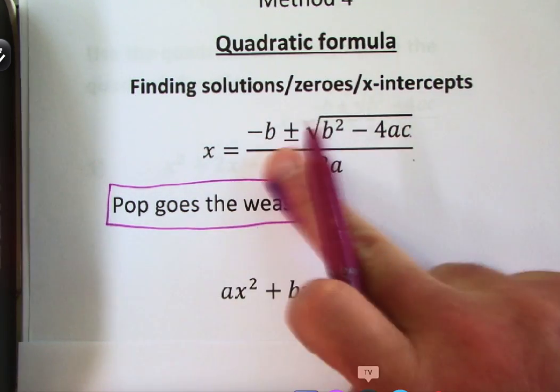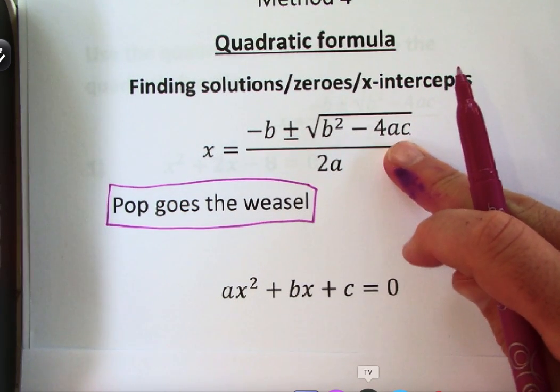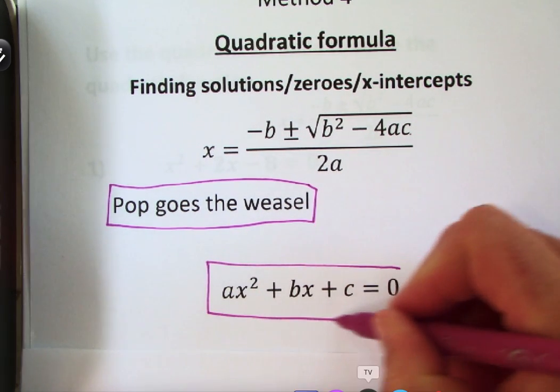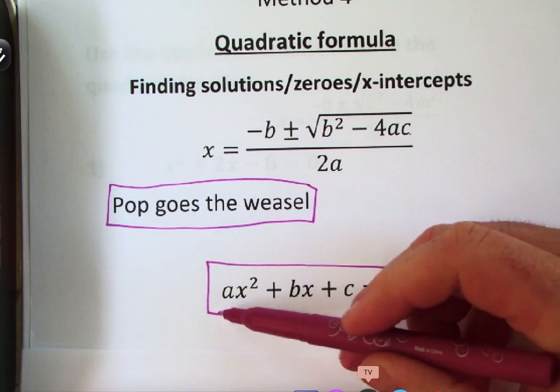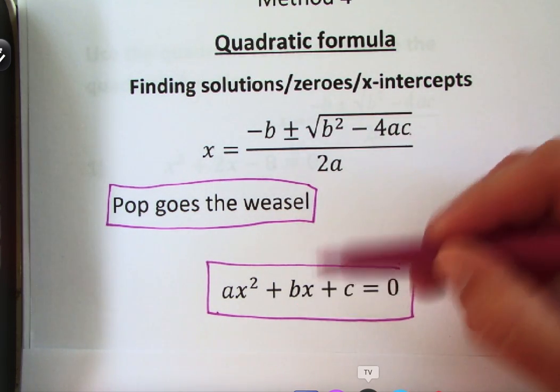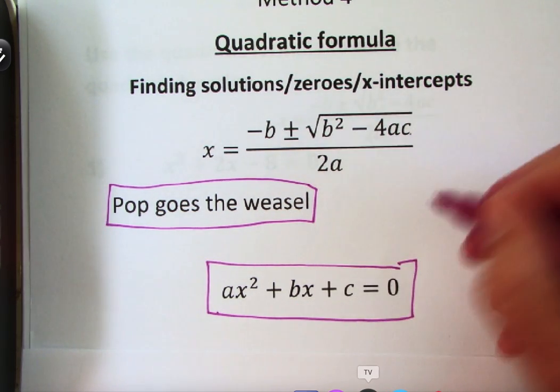Okay, so what's all this b and a all about? Well, you can use the quadratic formula if you have a quadratic in this form. The a stands for the coefficient in front of the x squared, the b is the coefficient of x, and the c is our constant, so we just plug it in.